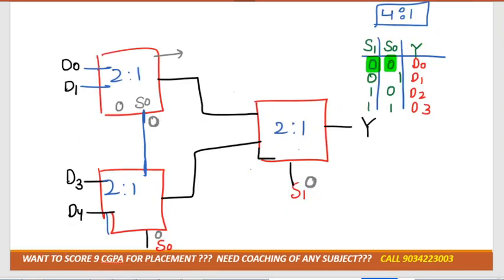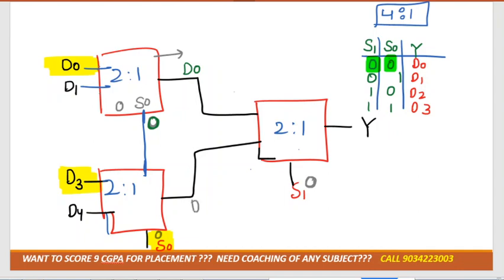D0 is the first term or the second term? Okay, and now I'm again asking, if I select 0 over here, would the output be the first term or the second term? First term. Okay, first term is here. Got it? Now if here also I select 0, would the output be the first term or the second term? First term. First term is D2.